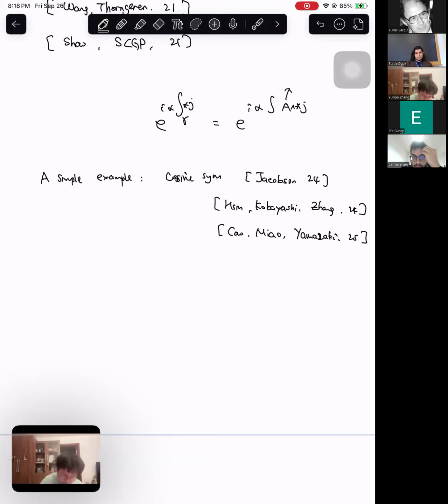So let me explain what we mean by this cosine symmetry. Let's consider a 1+1D QFT, maybe a CFT, with U1 symmetry, and also the charge conjugation symmetry.